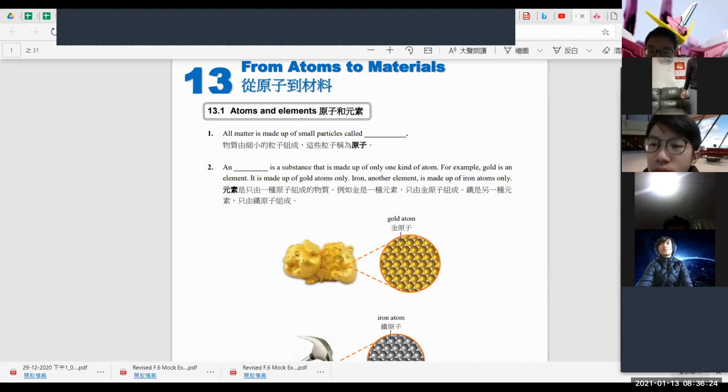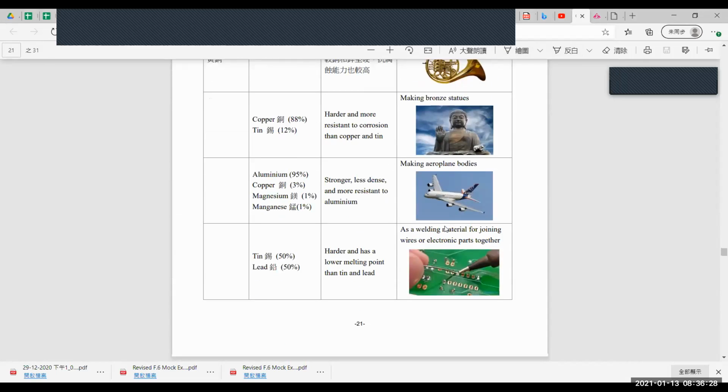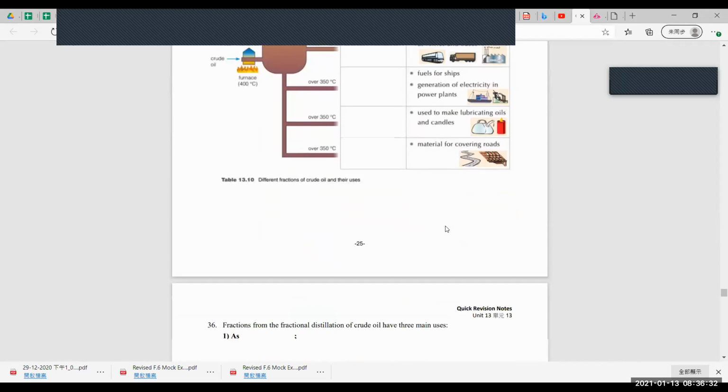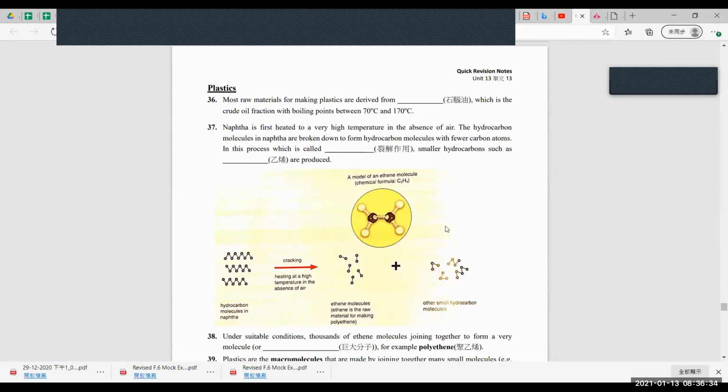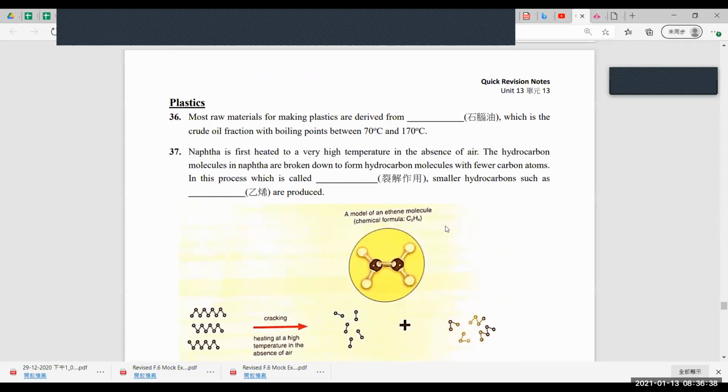Now, so you would refer to this plastics. Plastics is a very important material in our daily life. Okay, very, very important materials nowadays.